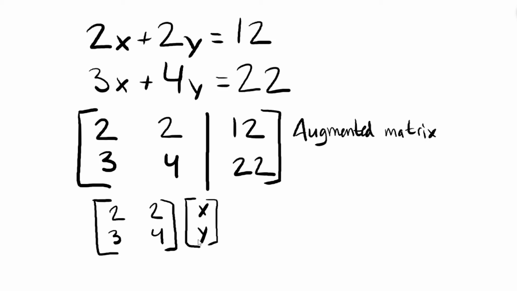You will see that in a future video when we go through how to calculate multiplications with matrices, because it's not as straightforward as you would probably wish it were, but it is logical once you get a hang of it. But you have this, and this is then equal to 12 and 22. So these things mean the same thing. Both of them mean these equations.